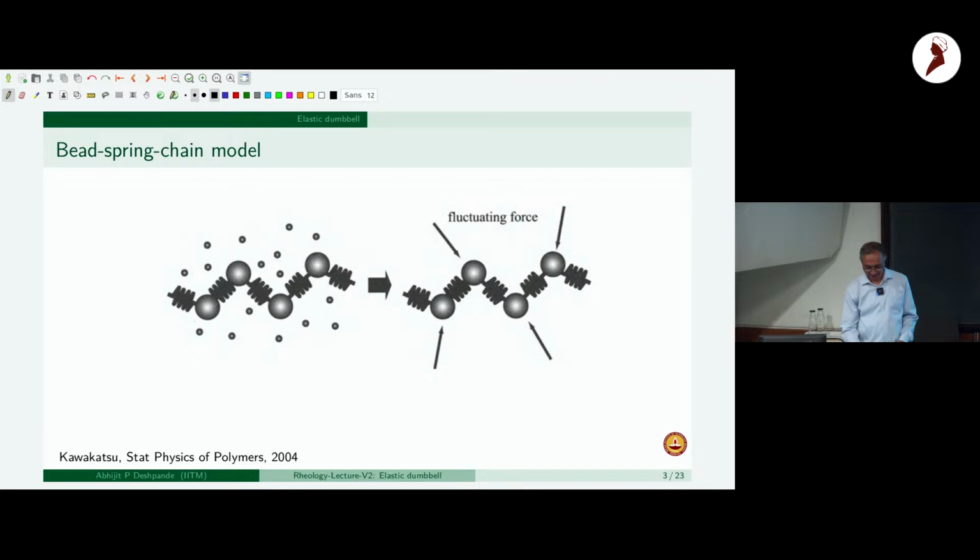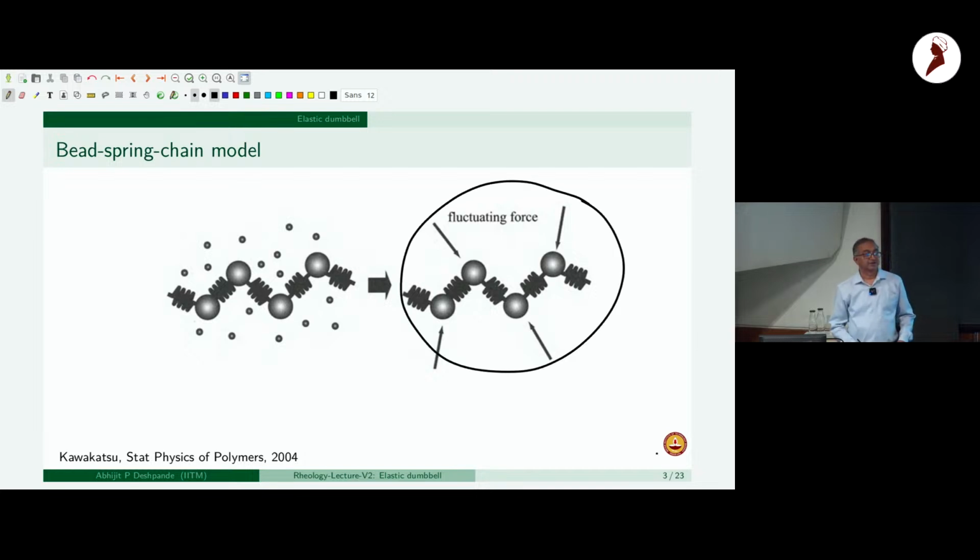Generally the theory is based on a depiction where polymer molecules are represented as beads and springs, and these beads are subjected to the Brownian force based on the continuum solvent which is surrounding. And the elastic dumbbell model is the simplest possible.